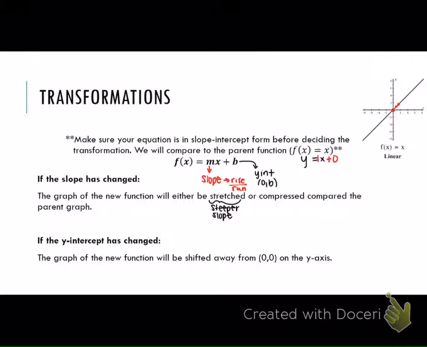If the slope, and you're talking about absolute values, so these are absolute value bars, so if m, which is your slope, is greater than 1, then it is stretched from the parent. So if your slope is bigger than 1, it is stretched, which means it's steeper. So the line will look steeper than the parent function.